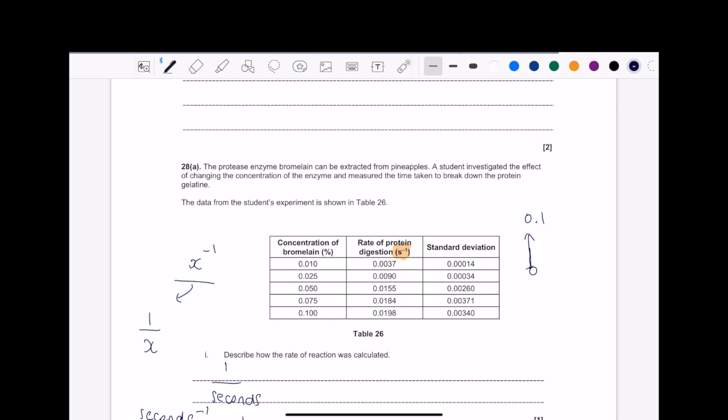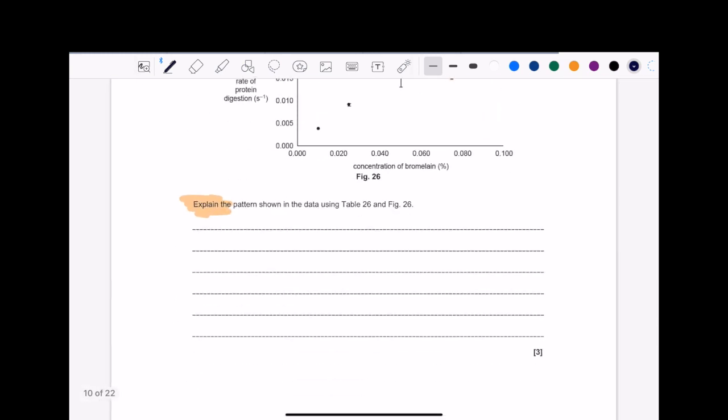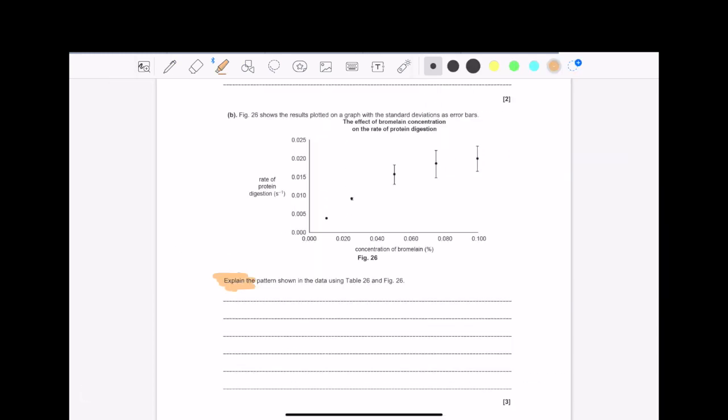Another thing you could talk about is the fact that as the enzyme concentration, being bromelain, increases, the availability of the substrate remains the same, because no matter how much you increase the concentration of bromelain, you can clearly see that the rate has plateaued. So those are two separate points, but basically under the same umbrella.